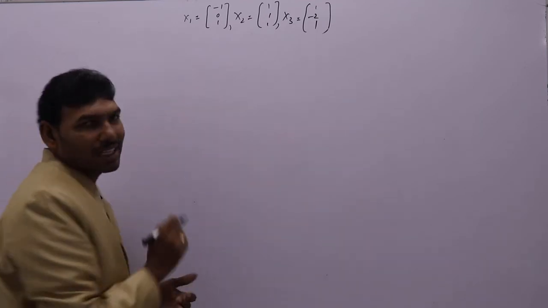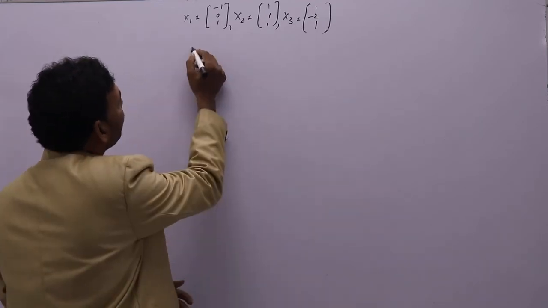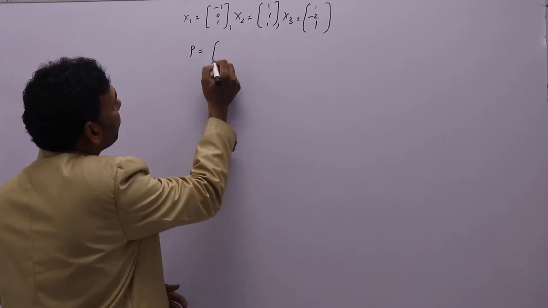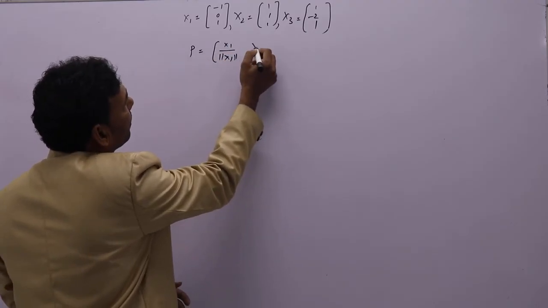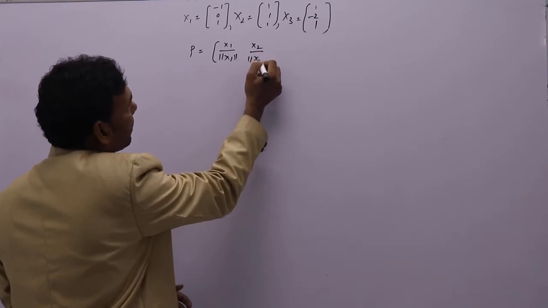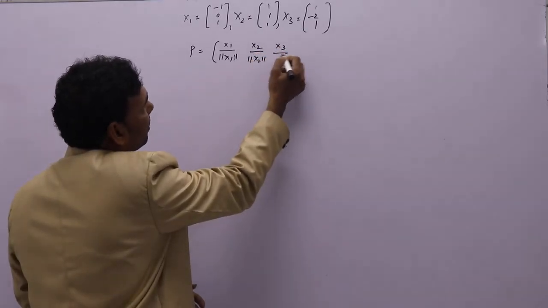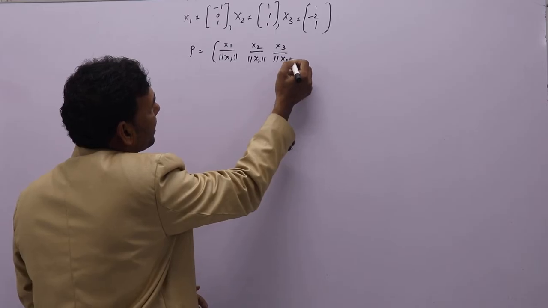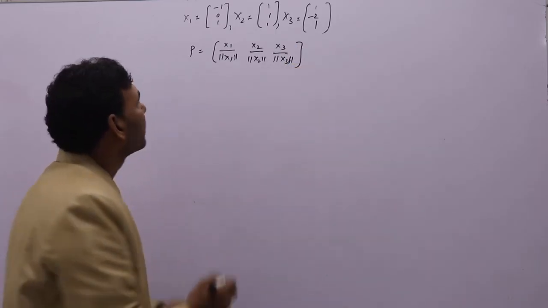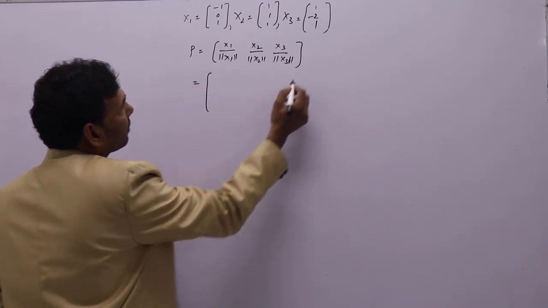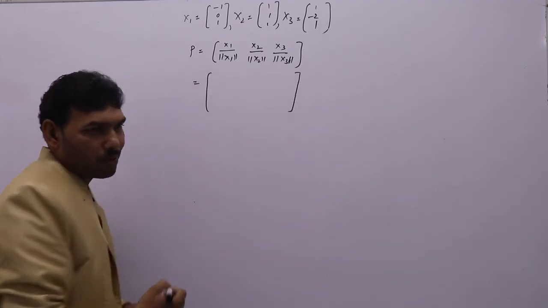P equal to x1 by norm x1, x2 by norm x2, x3 by norm x3. Normalized P we need to write, using the formula which I had given in the procedure.